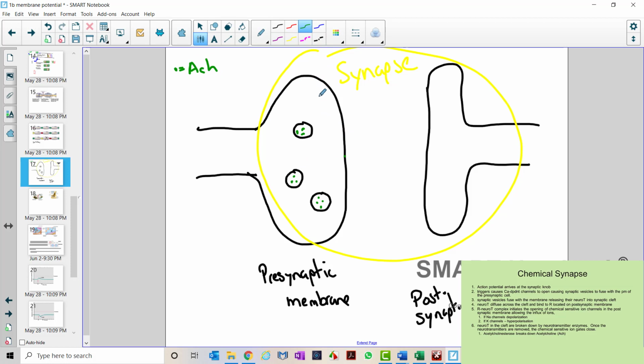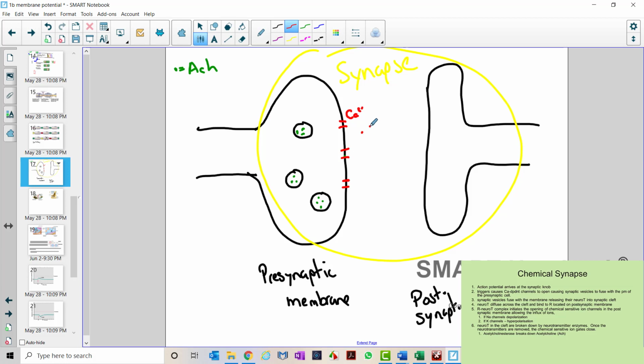So as the action potential moves down the axon and makes it to the presynaptic membrane, it causes voltage-dependent channels here to open up. Up until now, those voltage-dependent channels I was talking about were sodium. But there are other ones as well, and these ones here are calcium-dependent.